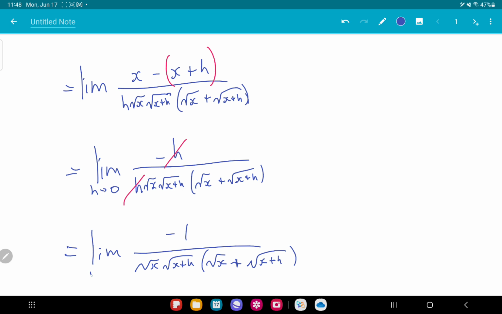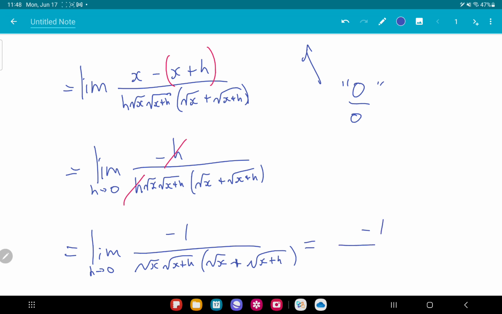Now we can recall that h is going to 0 and see that our problem does not exist anymore. Our problem was we had a limit where we had 0 over 0, but that is no longer happening here. So we can plug in h equals 0. We have no problem here, so just plug it in.